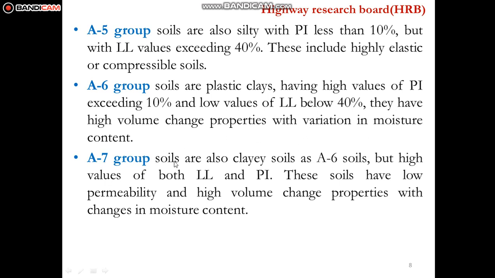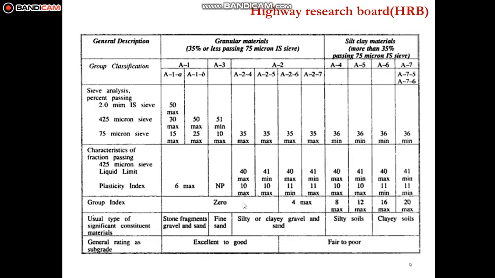Then coming to the A7 group, soils are also clay soil like A6, but with high values of both liquid limit and plasticity index. These soils have low elasticity and high volume change properties with the change in moisture content. I will explain the A4, A5, A6, A7 groups along with the graph at the end of this session.